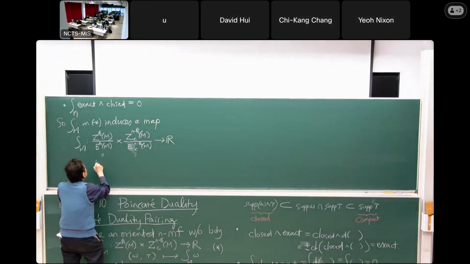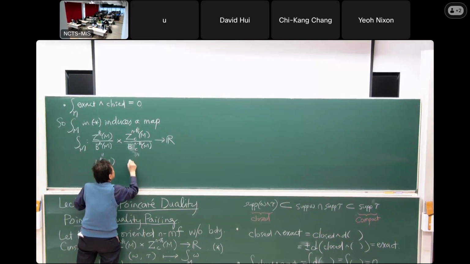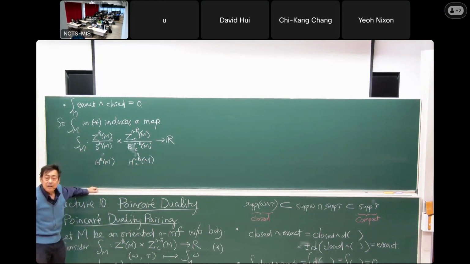And this is the cohomology of M. This is the cohomology with compact support of M. Okay. Therefore, you have a pairing on the cohomology groups.